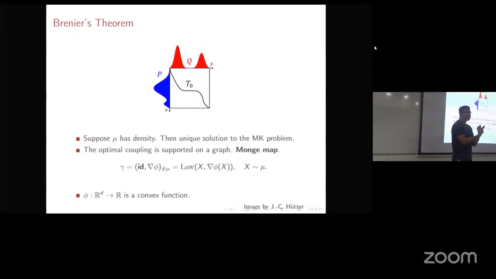And this coupling is the unique coupling that will minimize the Monge-Kantorovich problem, to minimize the expectation of y minus x squared. Wonderful, absolutely wonderful theorem.